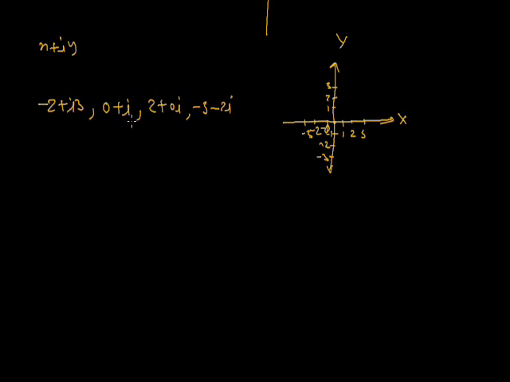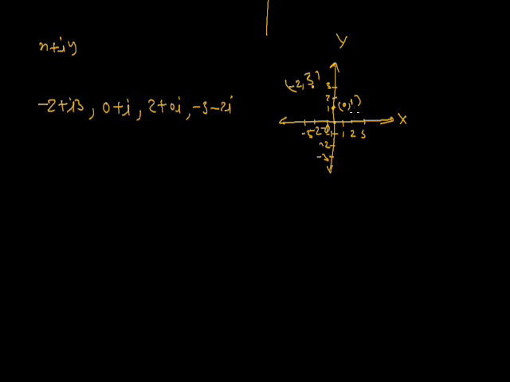So first of all, minus 2 plus iota 3. Here we take the real part of this complex number on the x-axis, so minus 2 will be here, and the 3, the imaginary part, on the y-axis. So minus 2 comma 3 is this point. Similarly we can plot more points. 0 plus iota means the real part is 0 and the imaginary part is 1. So this point will be 0 comma 1. Similarly we can plot the other points.